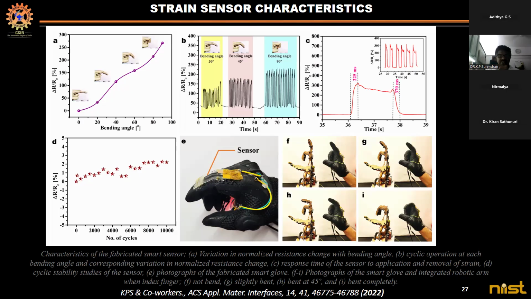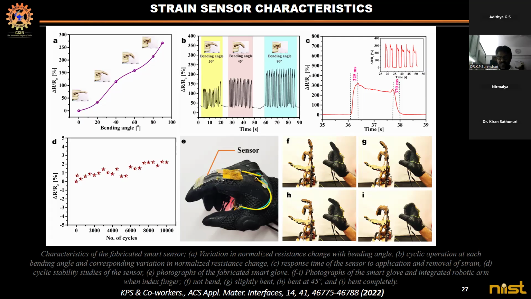And what we have done is note these values and feed them into a microprocessor, which is connected to a servo motor, which is actually connected to a robotic arm.